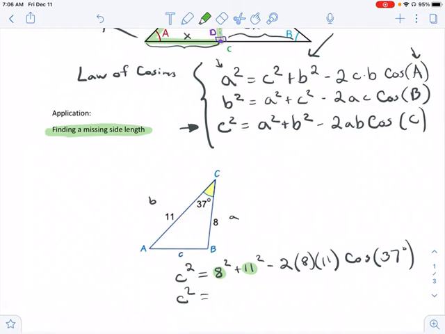C is the side that I don't know, so that's on the left. And this C here, it's hard to tell, is our capital angle C.